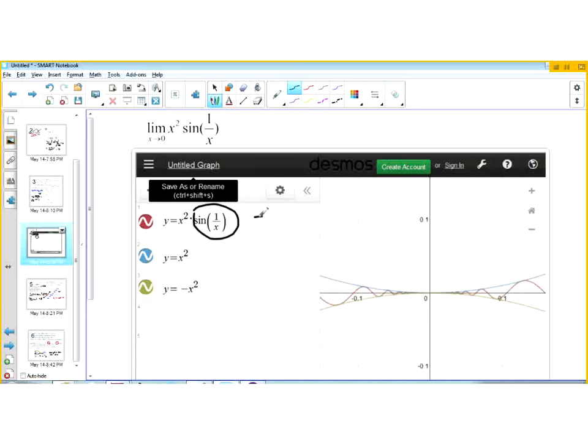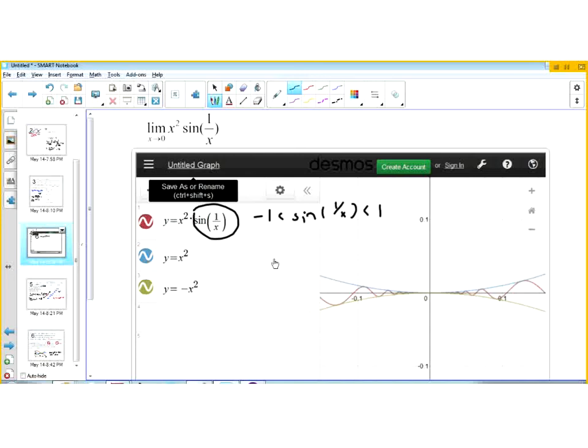We know that sine 1 over x is going to be between -1 and 1, because that's the range of the sine function, as long as x is not 0. We're not concerned about the value of the function at 0. Remember, we're just concerned with the limit as x approaches 0, as we get close to 0 but not at 0, even though this function is not defined at 0.